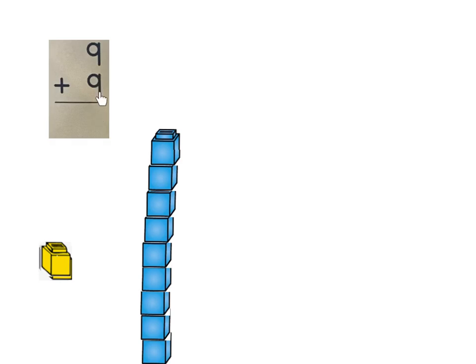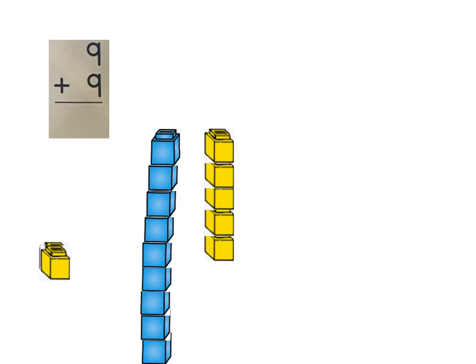And then how many linking cubes are going to be in your second tower? Another 9. 1, 2, 3, 4, 5, 6, 7, 8, 9. And look, my towers are the same height again because they have the exact same number in them. Very good. All right, put your 2 towers together. It's going to be really tall.